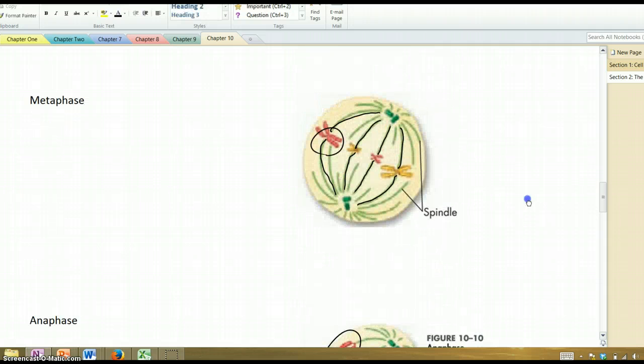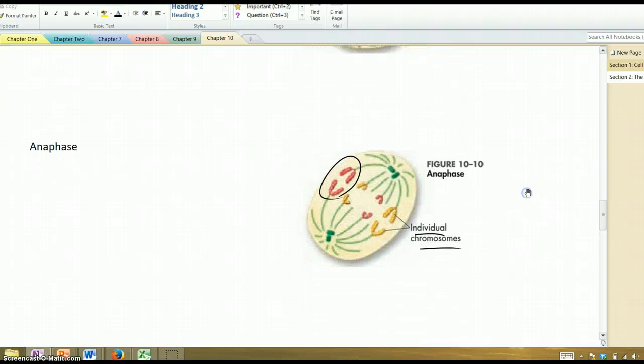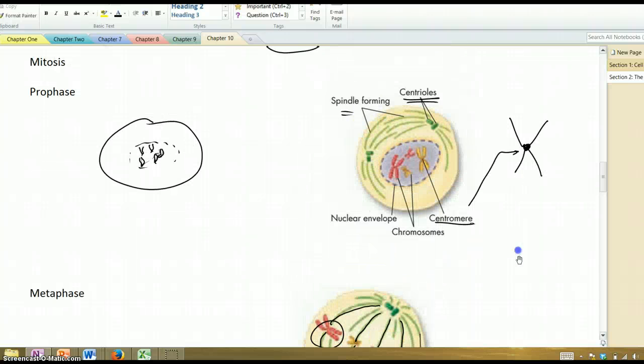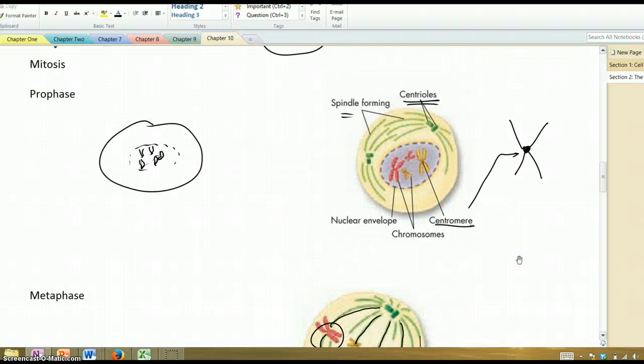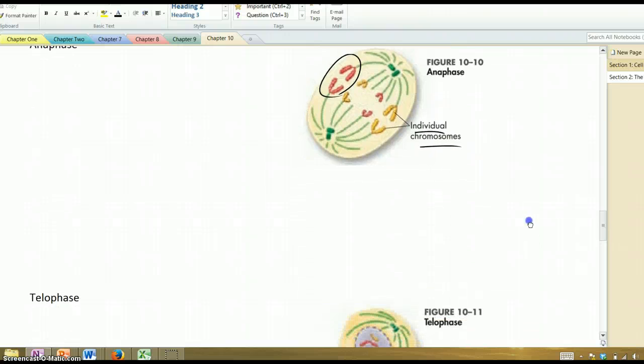So whereas up here we have 4 chromosomes, officially we now have 8 chromosomes. They're each consisting of a single strand. They're not duplicated chromosomes anymore. And with this hypothetical situation here, we do have a cell that essentially has 4 chromosomes.